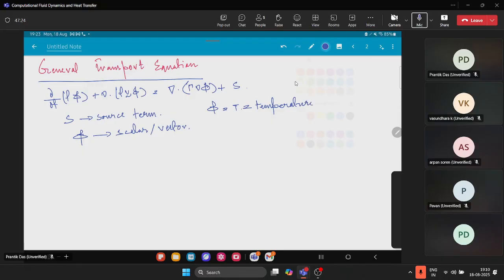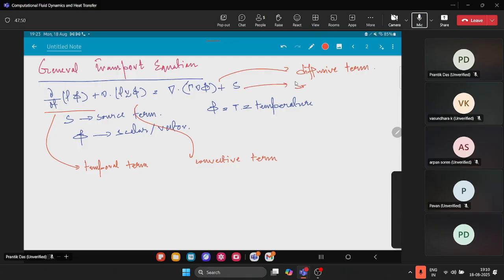The first term is the temporal term. The second term is the convective term. The third one is the diffusive term. And the last, S, is the source term.